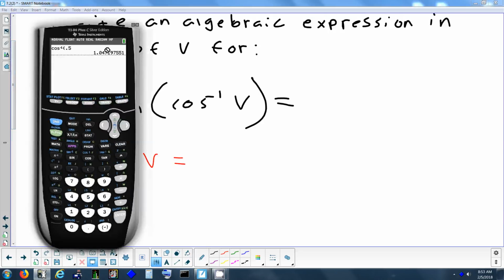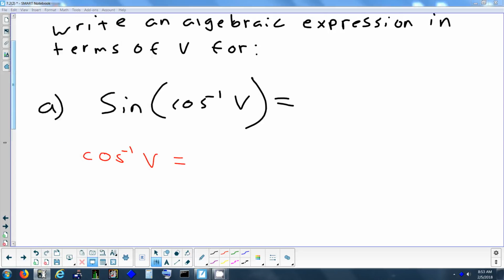What is that? I mean, it's radians, but what does that represent? If it's measured in radians, that 1.05 is representing an, you know what? Angle. Anytime you do inverse trig, you press enter, the answer that you get represents an angle.